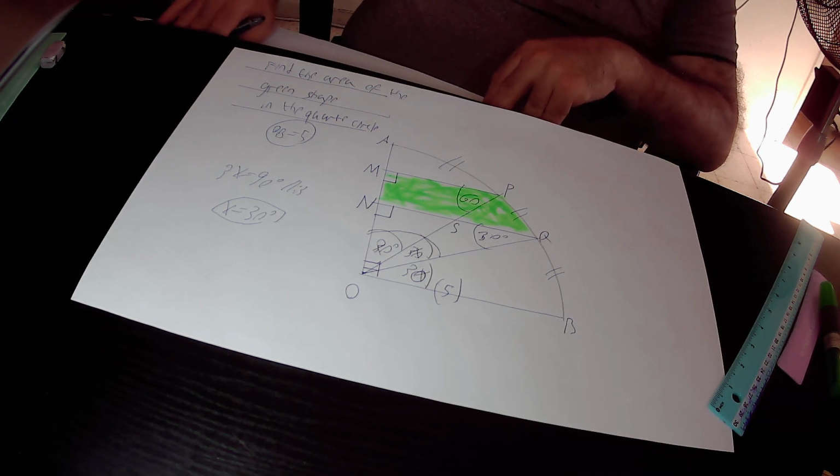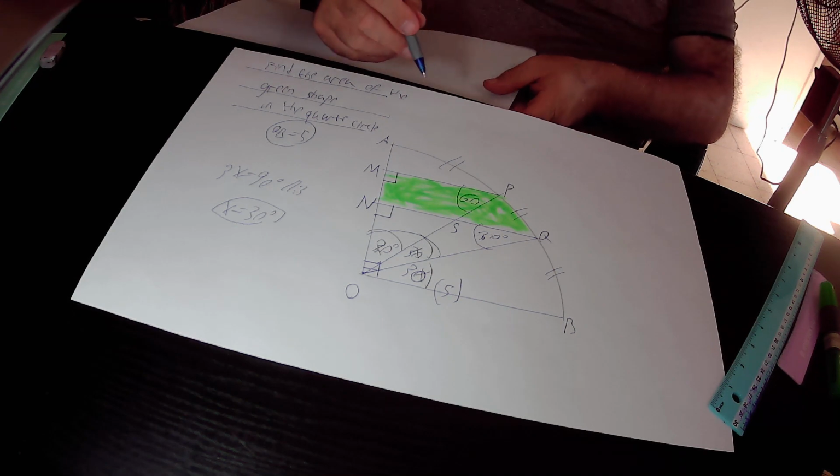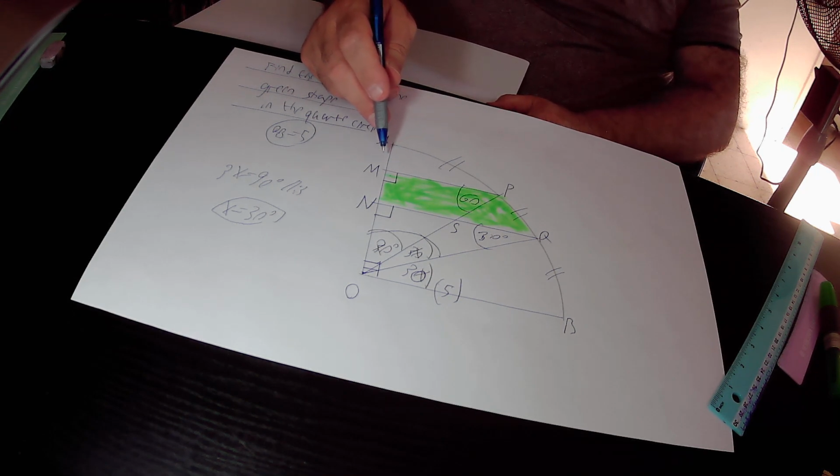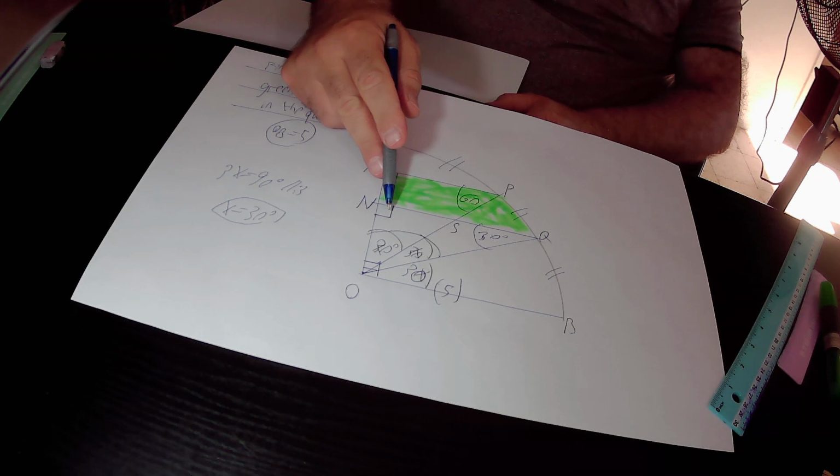We'll do it now. The right triangle MPO consists of quadrilateral MNSP plus this right triangle NSO.